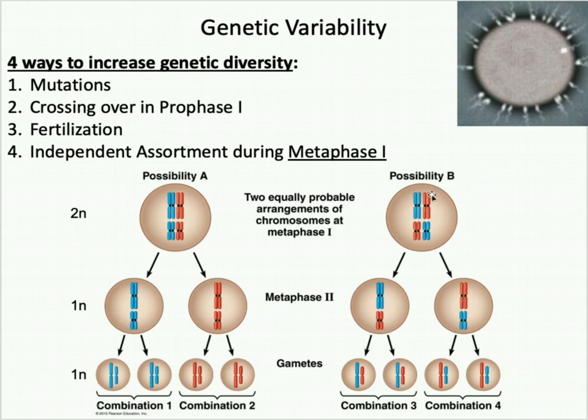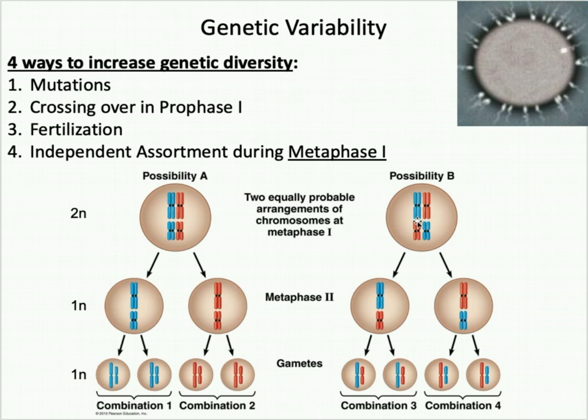Now, if the homologous chromosomes were to align in a different way, such as here you have the chromosomes from dad right here and right here, and the chromosomes from mom right here and right here, this is a different alignment in Metaphase 1 than the arrangement before.